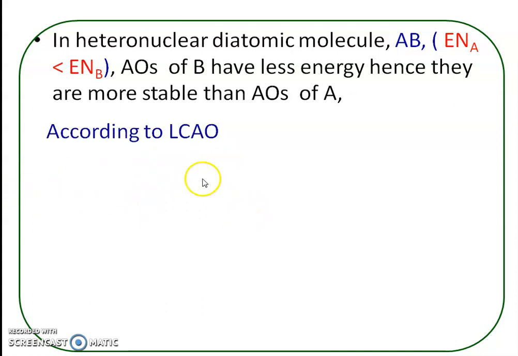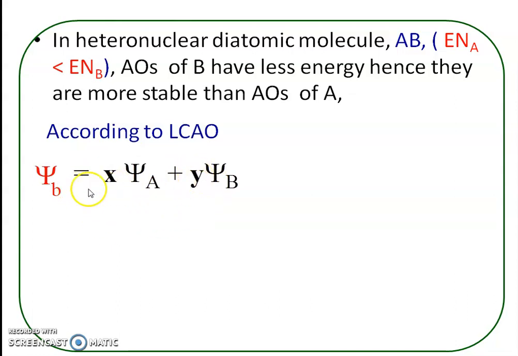Now according to the linear combination of atomic orbitals principle, the wave function for the bonding molecular orbital is equal to x into psi A plus y into psi B, where x and y are the coefficients, and y is greater than x.